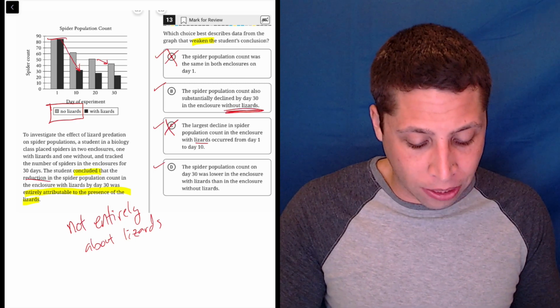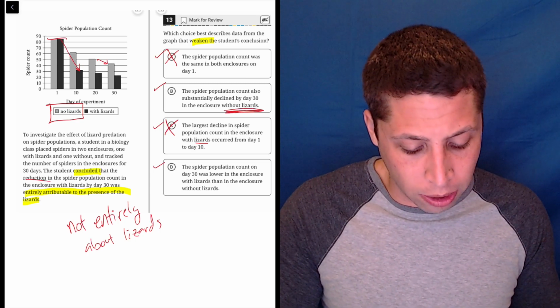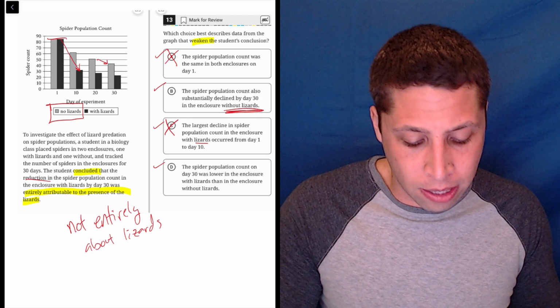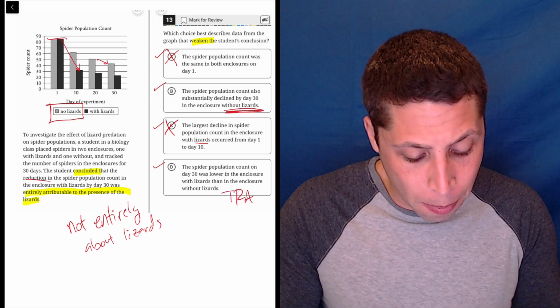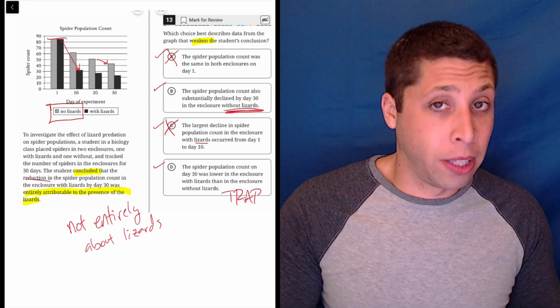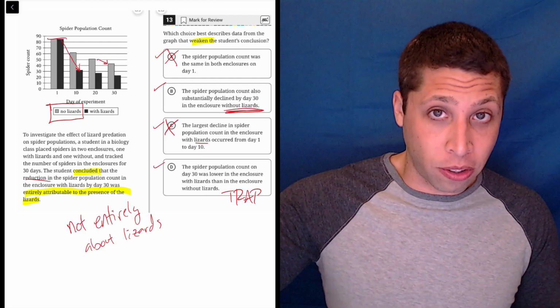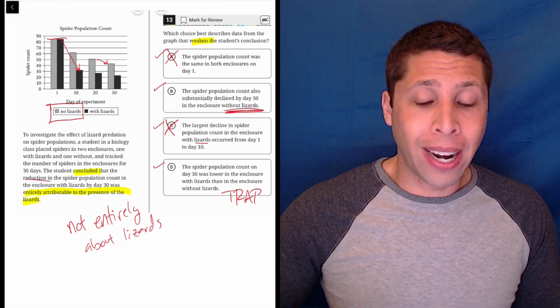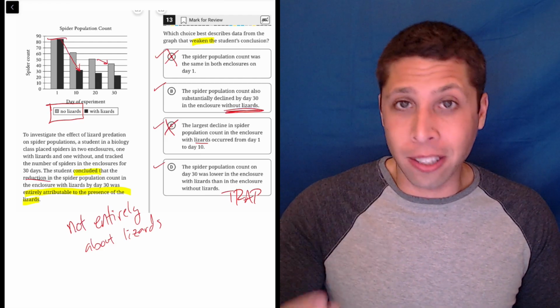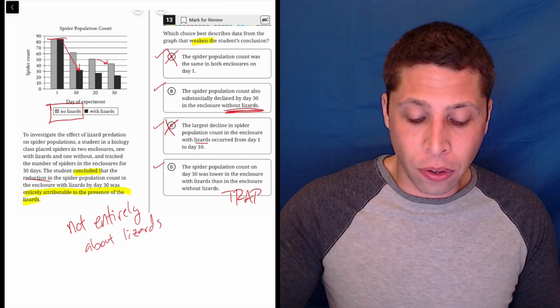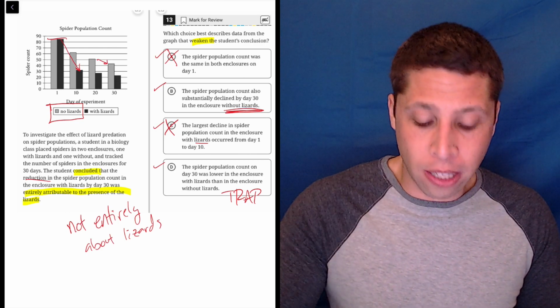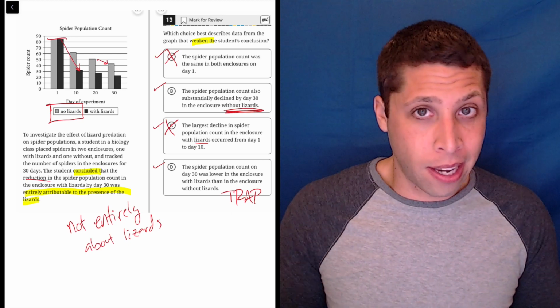D, the spider population count on day 30 was lower in the enclosure with lizards than in the enclosure without lizards. This is the trap. This is what you pick if you didn't read the question, because this supports the student's conclusion, right? This says the lizards are killing the spiders, and that's why there are fewer spiders in the enclosure with the lizards than in without, okay?